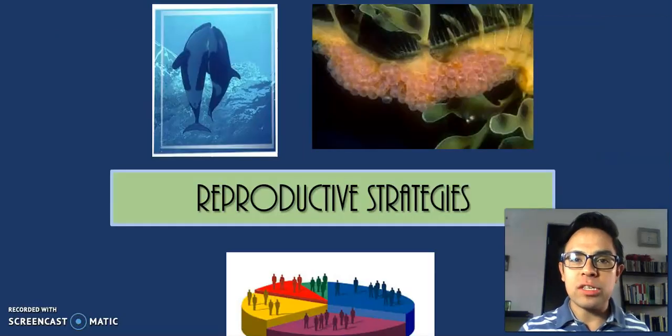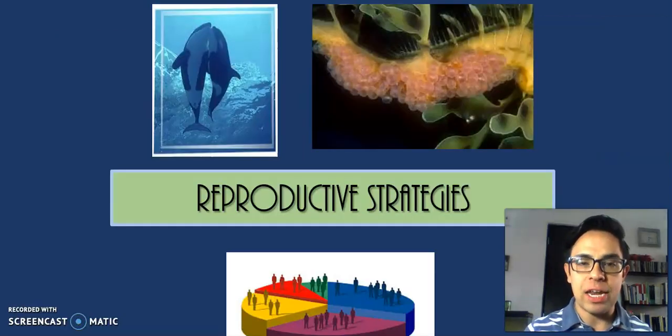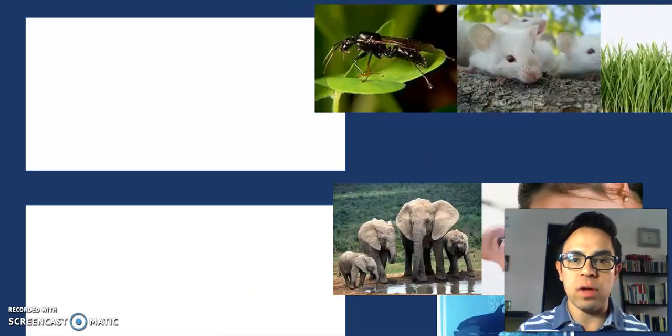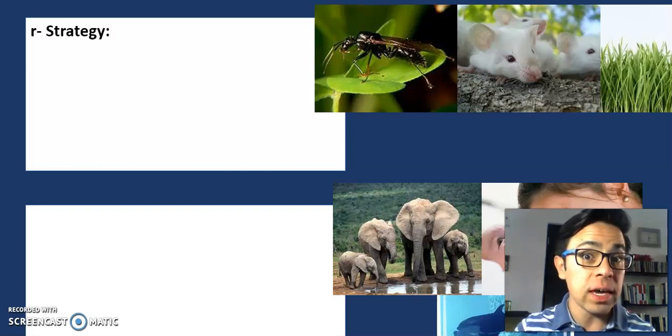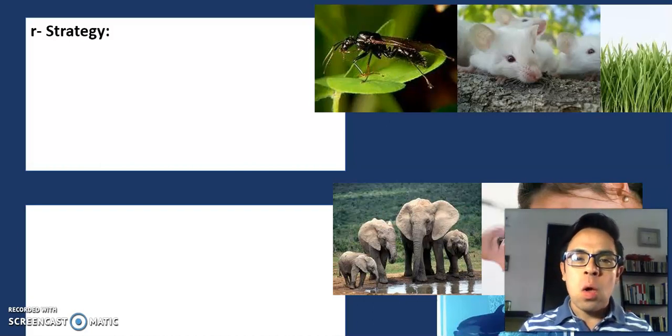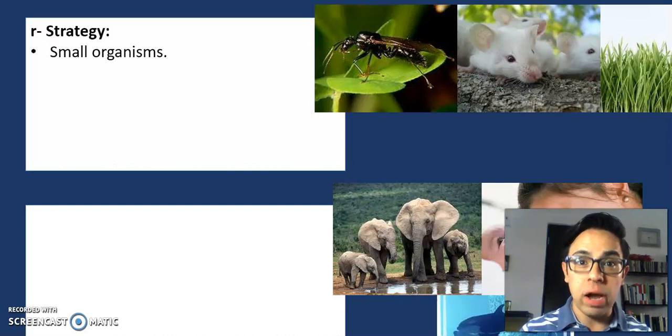Another topic that we need to see today is the reproductive strategies. You need to remember that we have two types of reproductive strategies. The first one is the R strategy. It is related with the J-shaped curve or the exponential type of growth. Now, this R strategy belongs to organisms that are small in body frame.